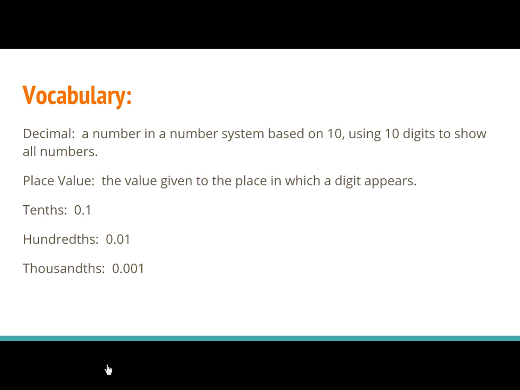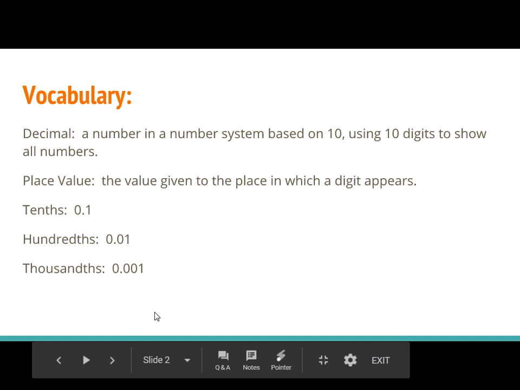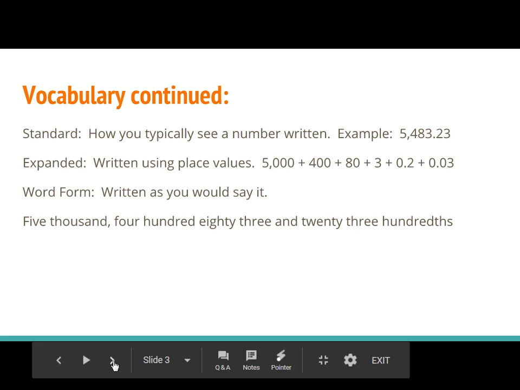Tenths appears as 0, a decimal, and 1. Hundredths, 0.01. Thousandths, 0.001. Of course, the digit to the left of the decimal mark is not always a 0. Sometimes it's a 1, 2, 3, 4, any other number. It's just talking about the whole number. It's a placeholder for the whole number.